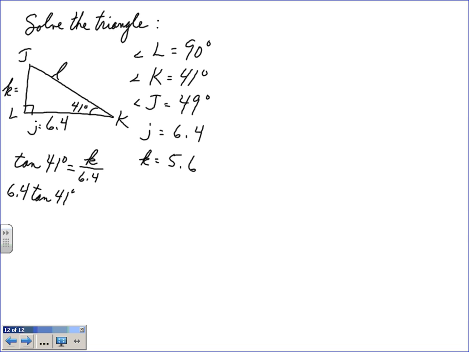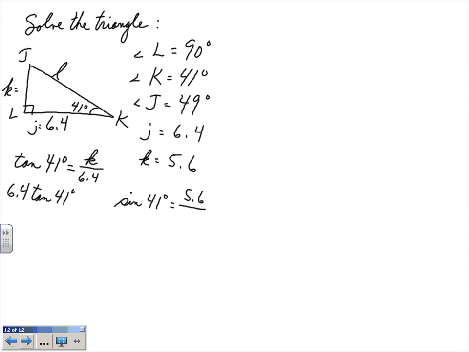Let's use sine. Let's go for my original, because I know that the sine of 41 degrees is equal to the opposite, which we just found. And you know what? I think I'm going to do the original one. No, we can go for the 5.6.